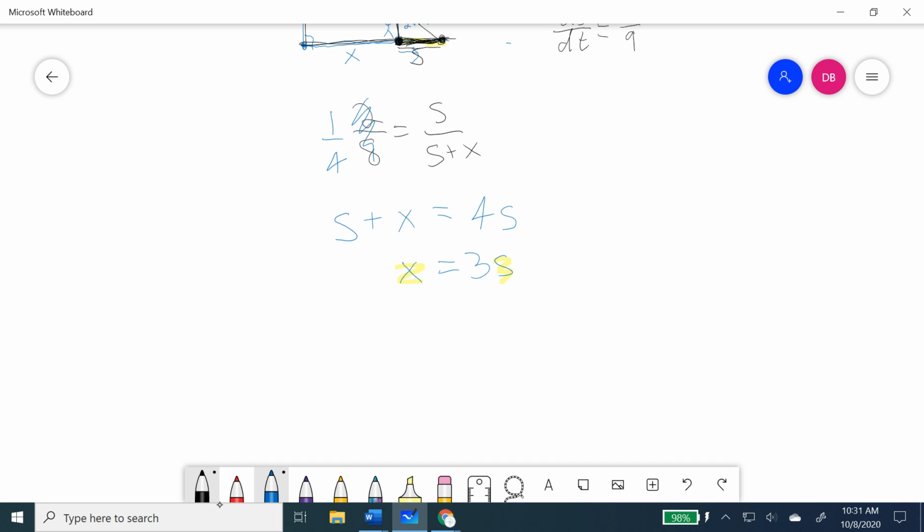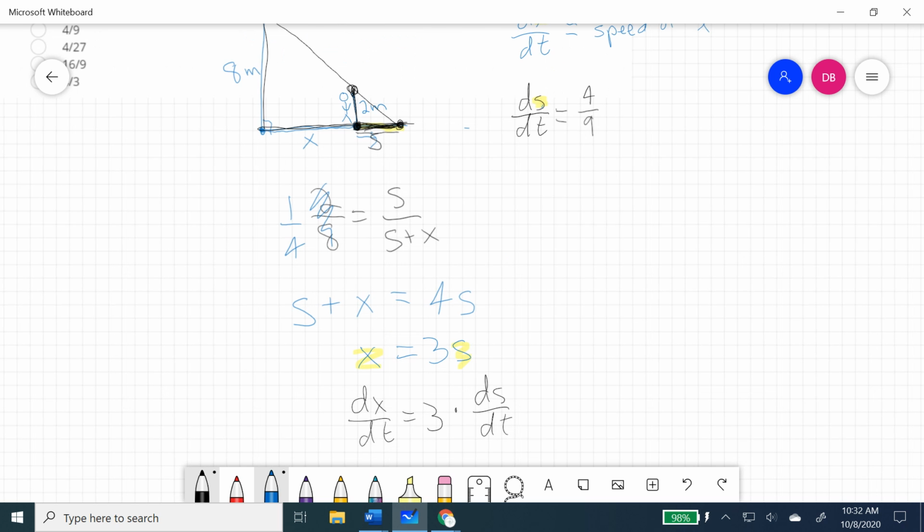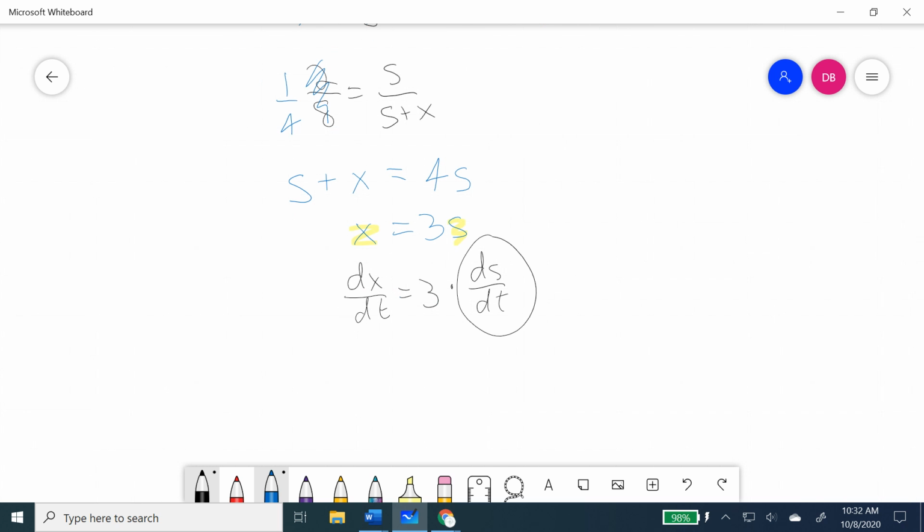So with respect to time, dx/dt, and with respect to time, dS/dt. Now, the shadow is lengthening at 4/9. Then the speed of the walker is going to be 3 times 4/9, which will then be 4/3 is their speed.